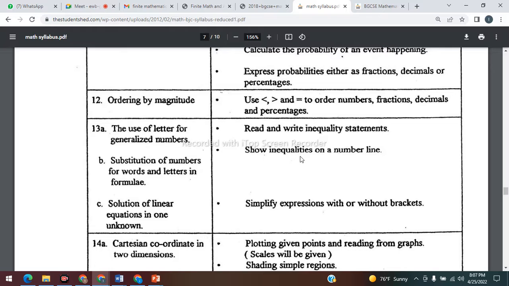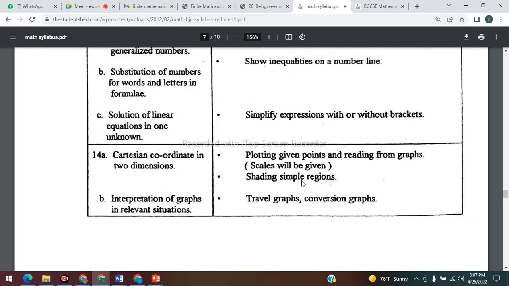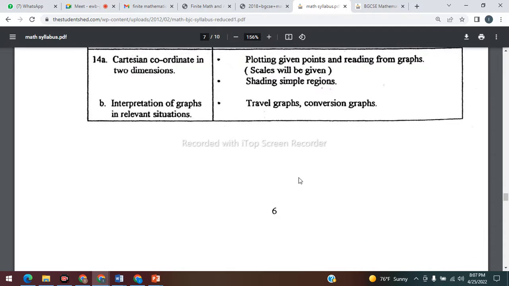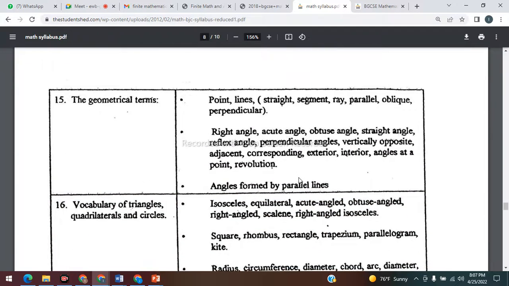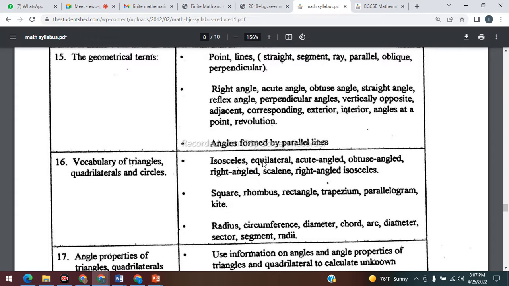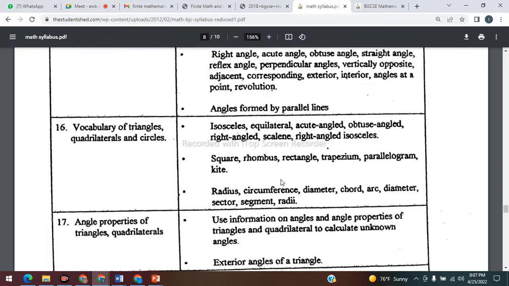Inequalities, plotting, travel graphs, the time graphs we always see. Yeah, I like that. Right angle, acute angle, obtuse angle, straight angle, reflex angle, all of them. Yeah, I got them. Isosceles, equilateral triangle, scalene, rhombus, rectangle, knowing what they are.